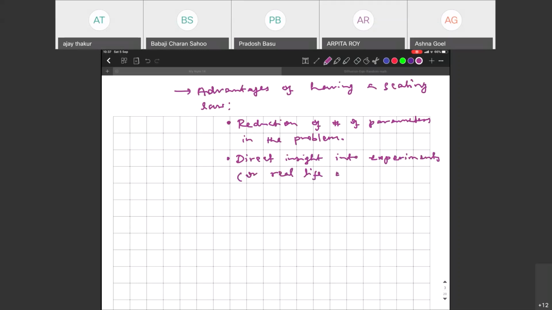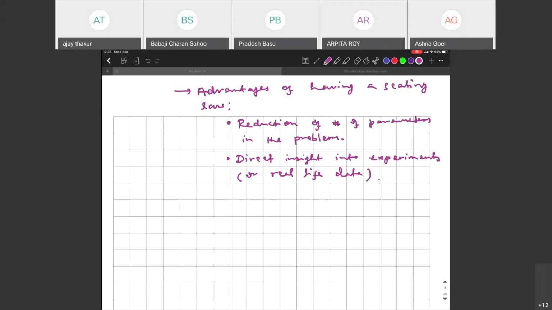So suppose you are solving an optimization problem, but in that optimization problem, if you have been successful in finding a simple analytical scaling law, right? So that's much more advantageous than churning out a lot of numbers. Okay, so that's the typical advantage of scaling law.